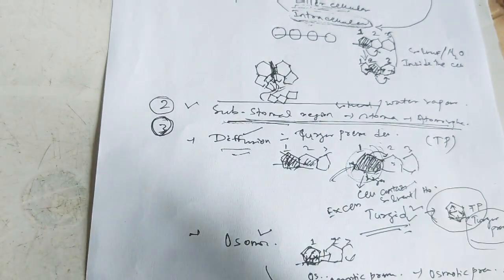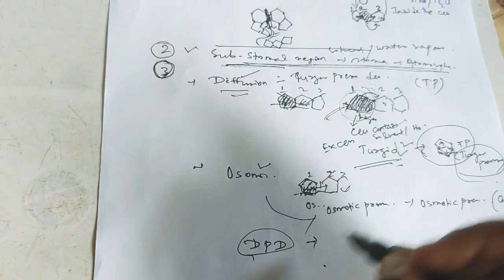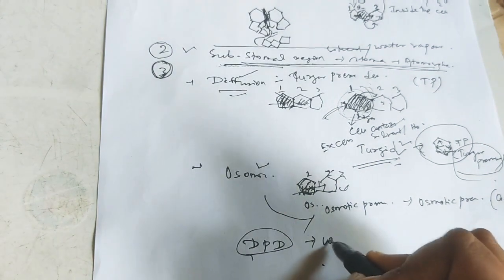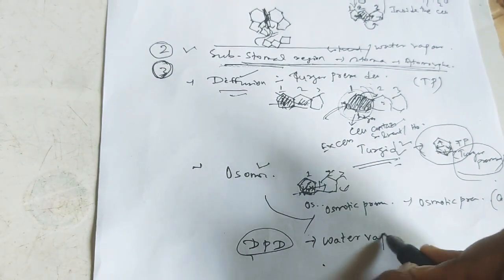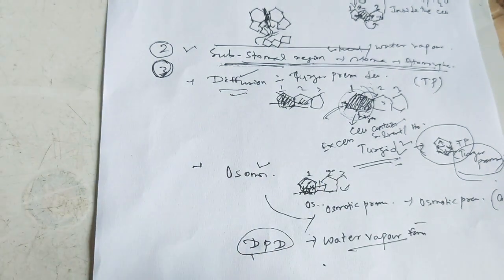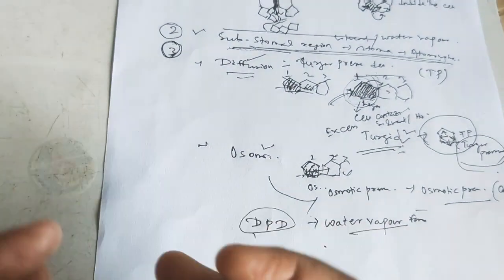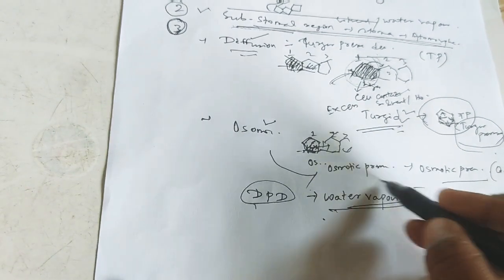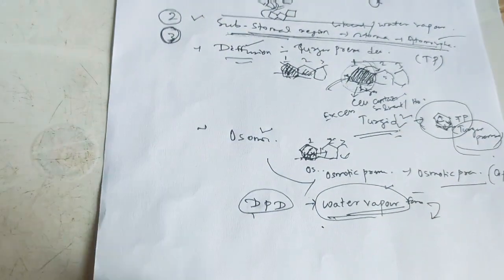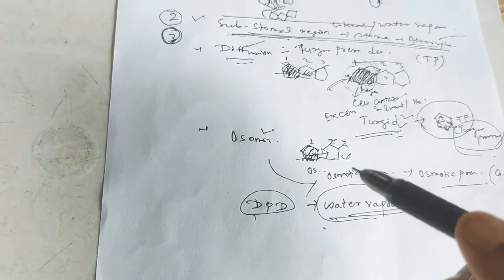These three mainly create the pressure on water to form water vapor. Water vapor forms due to these three pressures, and then finally it is released out to the atmosphere. Clear? These are three important things.